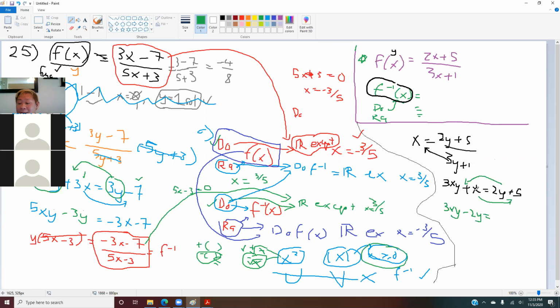And when I have an x that is positive, when I move it, it becomes negative. And the plus 5 is still back there. And then since this has y on both sides, I can factor the y out. So you will get 3x minus 2. And then we still have a negative x plus 5 over here. And then after that, you divide everything here by 3x minus 2.